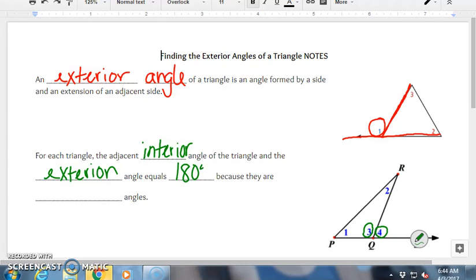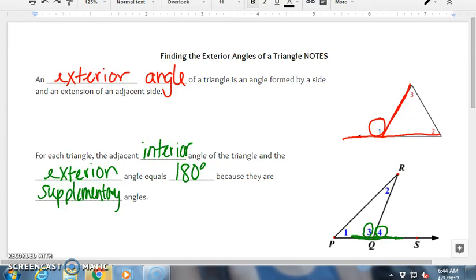Together, they equal 180 degrees because they are supplementary angles. Because they sit on this straight line together on the same side. So they together equal 180 degrees.